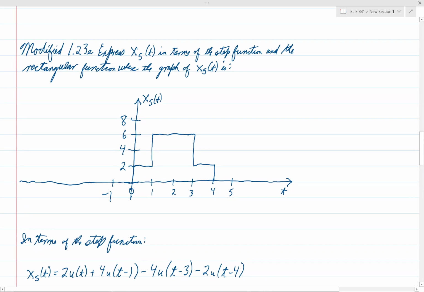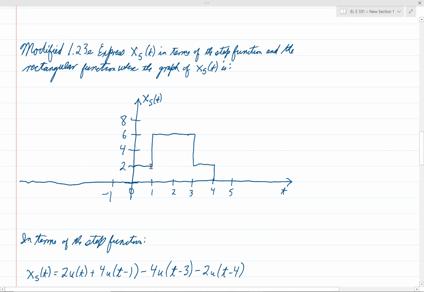Okay, well, I think that you all will agree that we can express x5 of t in terms of the unit step function pretty easily, and it looks like this. We jump up at t equals 0 by an amount 2, and it's going to be flat after that, so that represents 2u of t.